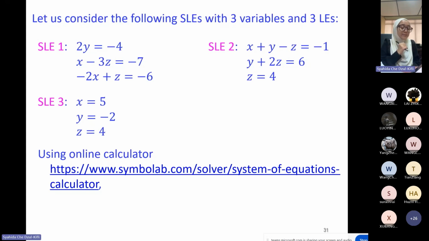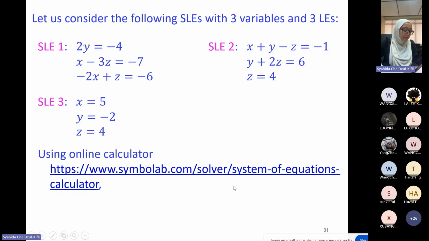The intersection point is the solution for the system of linear equations. Or there are many online calculators to compute the solution for a system of linear equations. You may try Symbolab or some other online calculator. You may try later on.